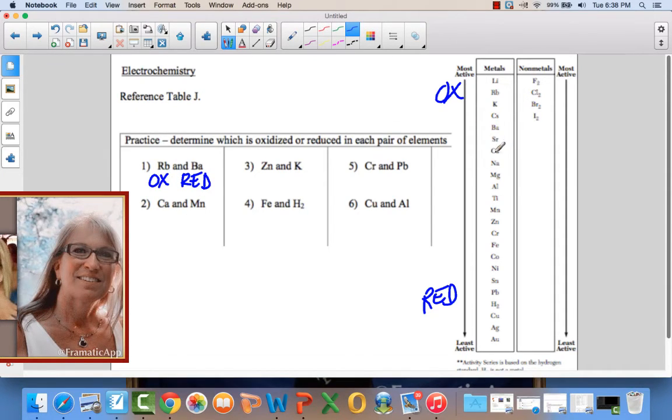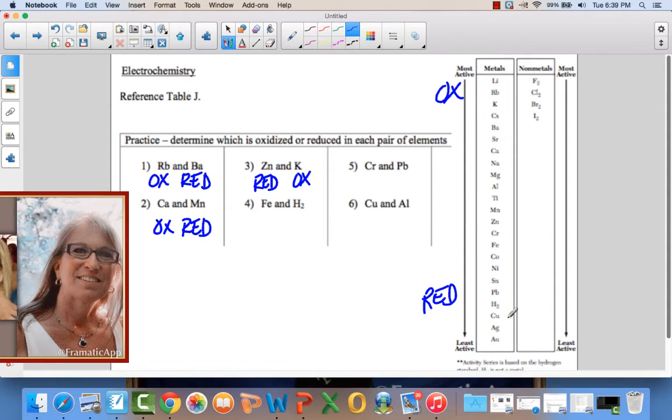Ca and Mn, Ca is here, Mn is here. So oxidized, reduced. Zn and K, Zn is here, and K is up here. So K is oxidized, Zn is reduced.